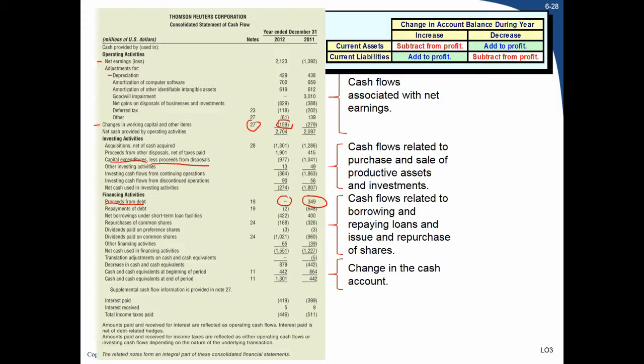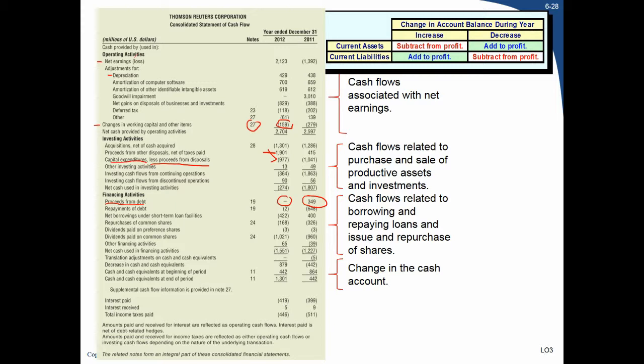You know they must have disposed of a business that resulted in $1.9 million or $1.9 billion, right? Because we're in thousands of millions, $1.9 billion of cash inflow. So you can start to understand some of these other more complex components.